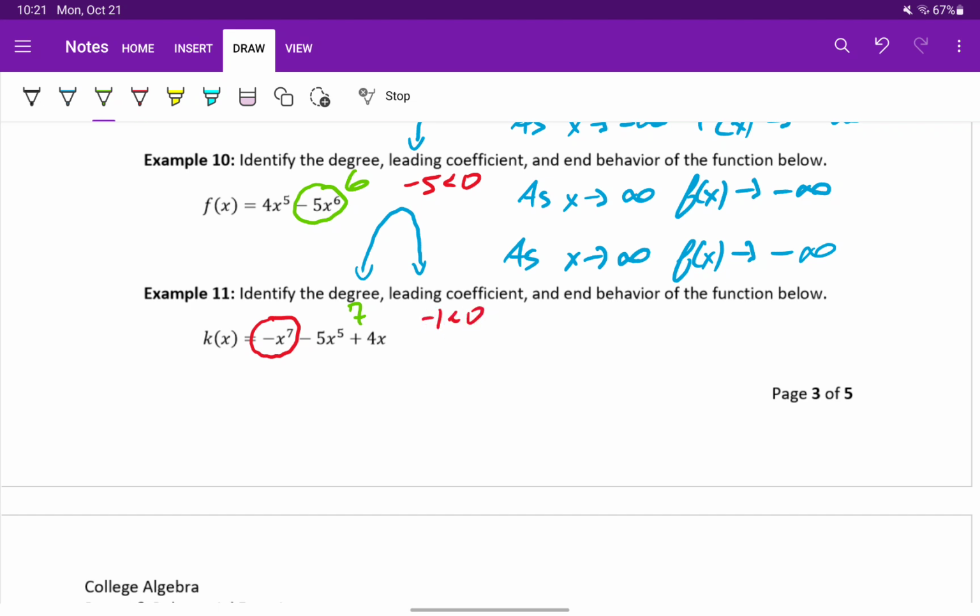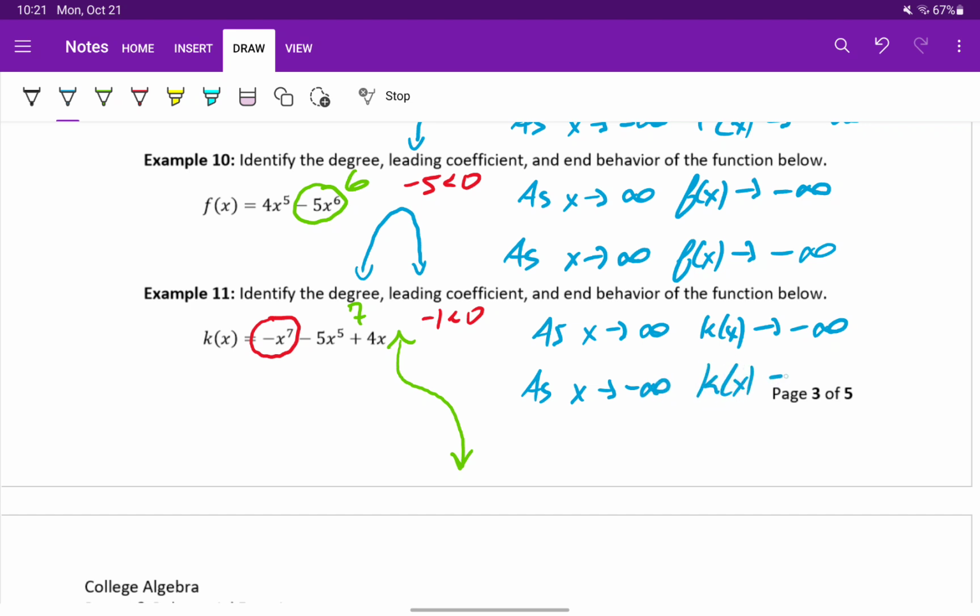So instead of the behavior that we saw in example 9, that behavior will be flipped to look something like this, which tells us that as x is approaching positive infinity, k of x is headed down to negative infinity, and as x approaches negative infinity, k of x is headed up to positive infinity.